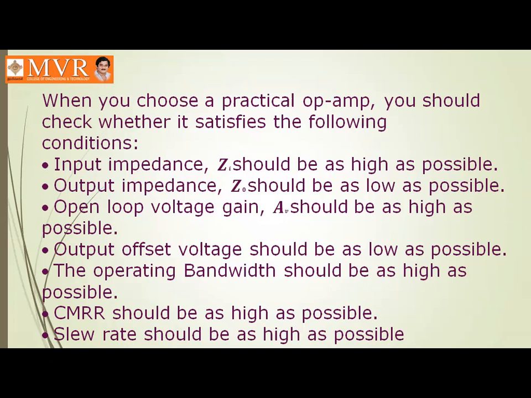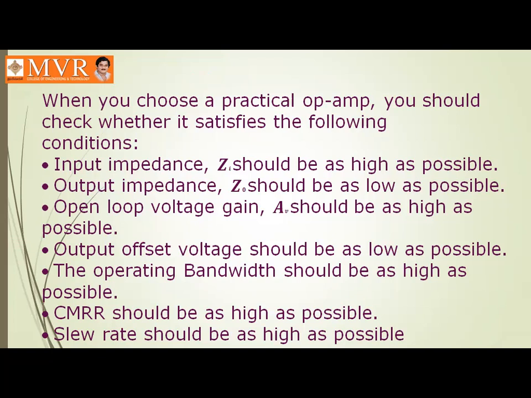As we have discussed in our second chapter on frequency response, the gain is going to fall at higher frequencies. The frequency response of a practical op-amp will be maximum from 1 kHz to 100 kHz, and this will be the bandwidth.